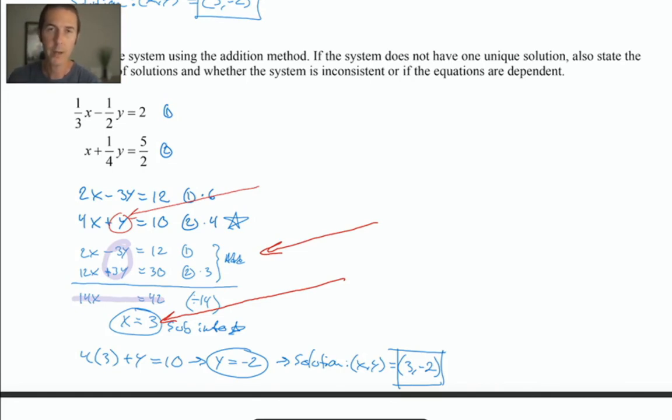But what you could end up with, if everything on the left hand side cancels out, is a 0 on the left hand side and a 3 on the right hand side. And we already know that 0 never equals 3. So if that happens, you're probably looking at a system that has no solution, which means you've got parallel lines. Again, something like 0 equals 3 indicates no solution.